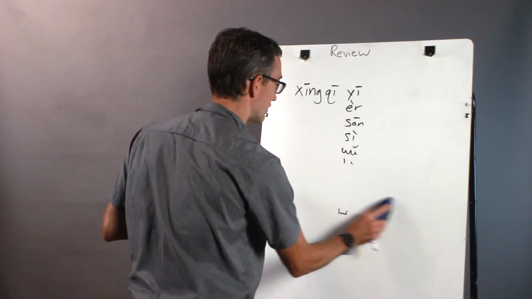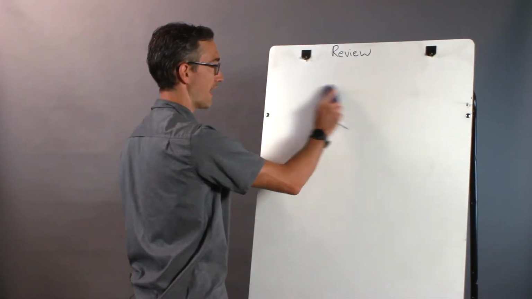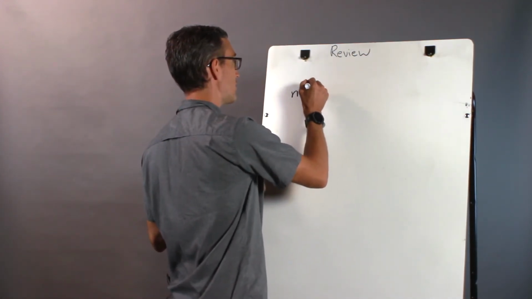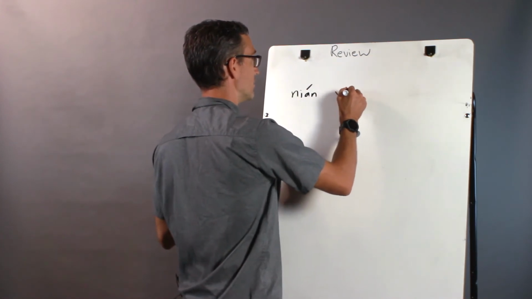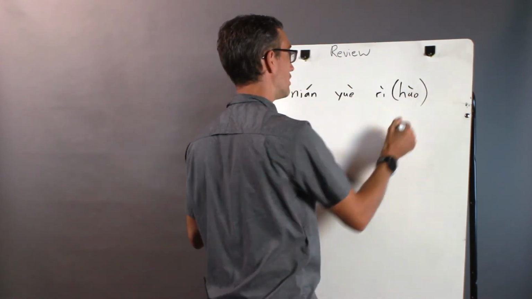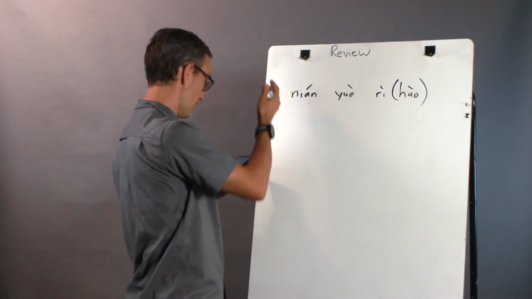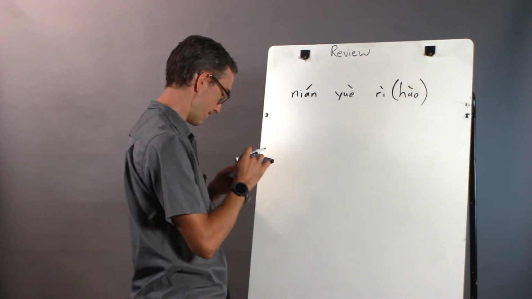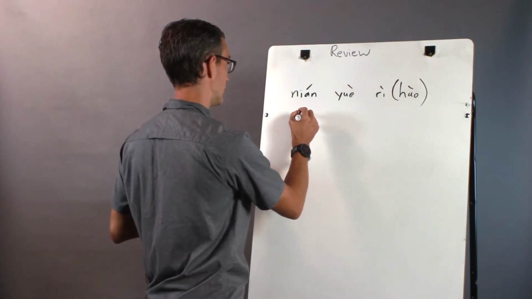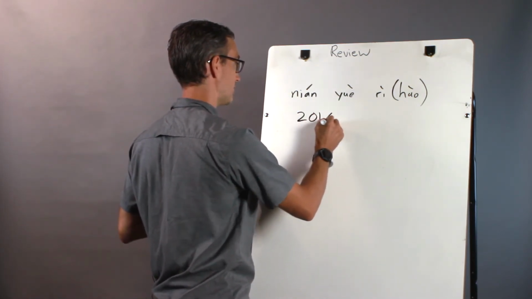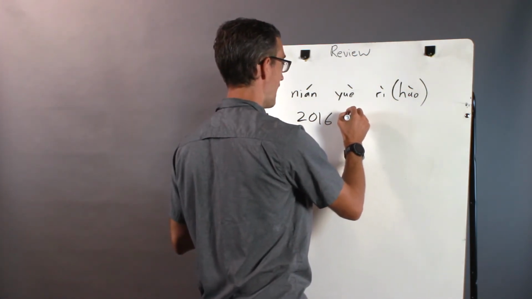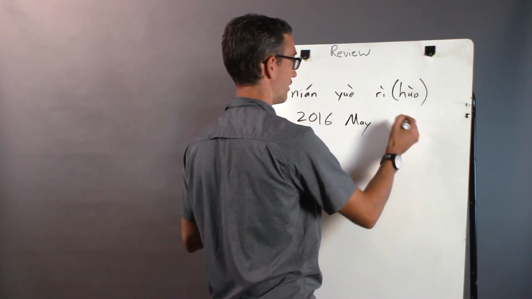Then we talked about the dates. If we want to talk about dates, it's 年, year. We go big to small, 年, 月, month, and 日 or 号. And we just put the number there. So if we're talking about a year like 2016, we're going to do a date like 2016 March 13th.